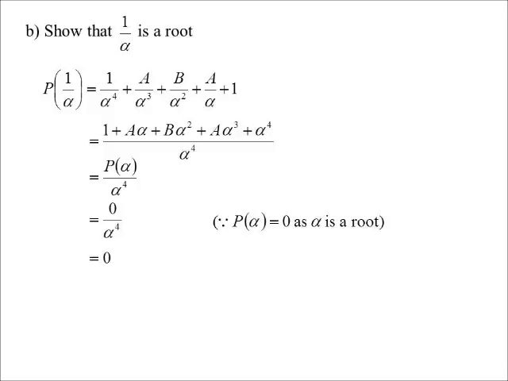And we know alpha is a solution, so polynomial alpha is equal to 0. Well, 0 over anything is 0. So yep, 1 on alpha is also a solution. So if alpha is a root, 1 on alpha will also appear as a root. Every time we see alpha, we see 1 on alpha.